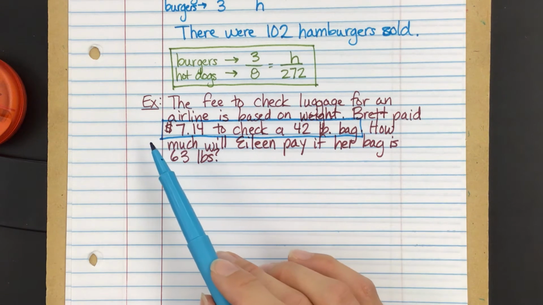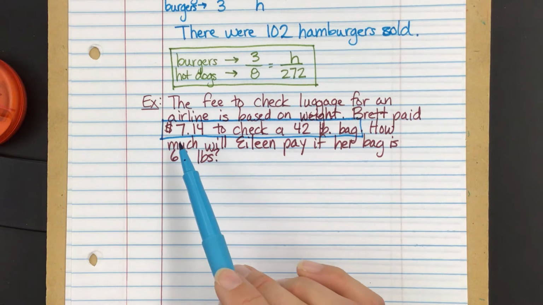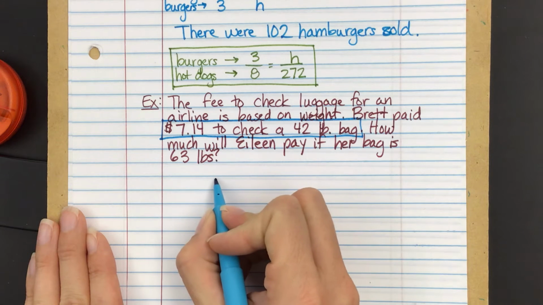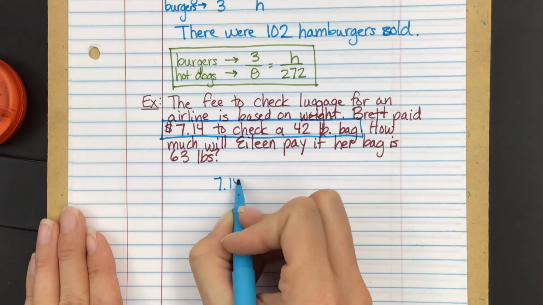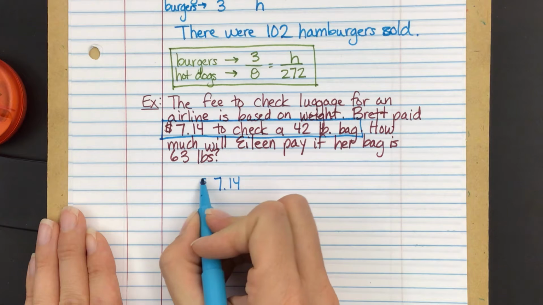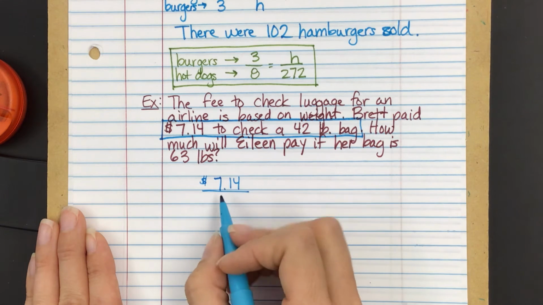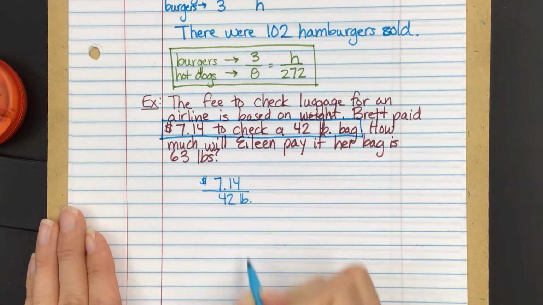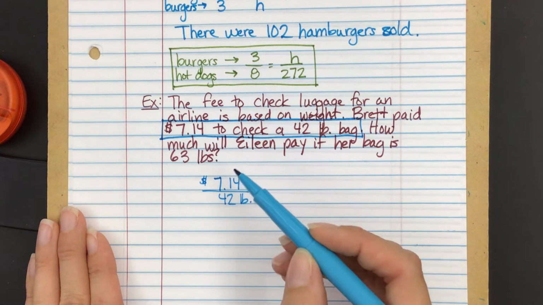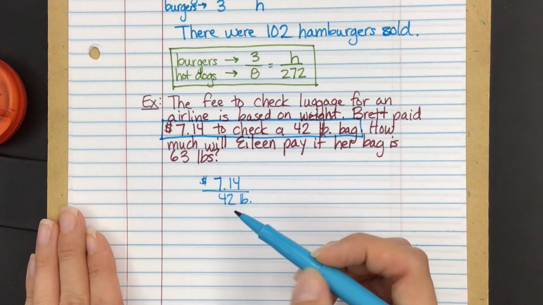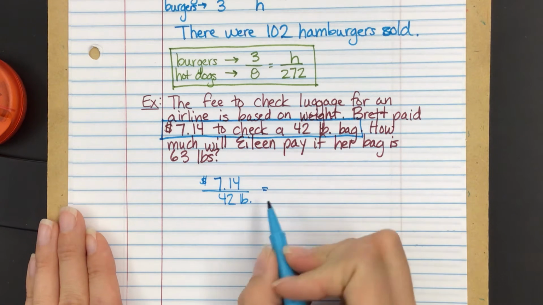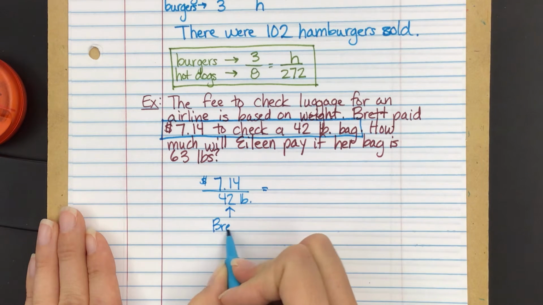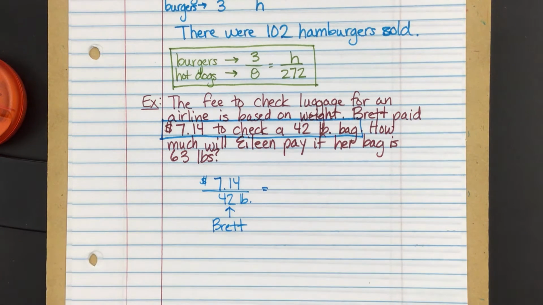I know I've said it before, but generally money always goes on top. So we're going to do $7.14 over your 42-pound bag. Notice that I have money on the top, pounds on the bottom. And this right here is Brett's bag.